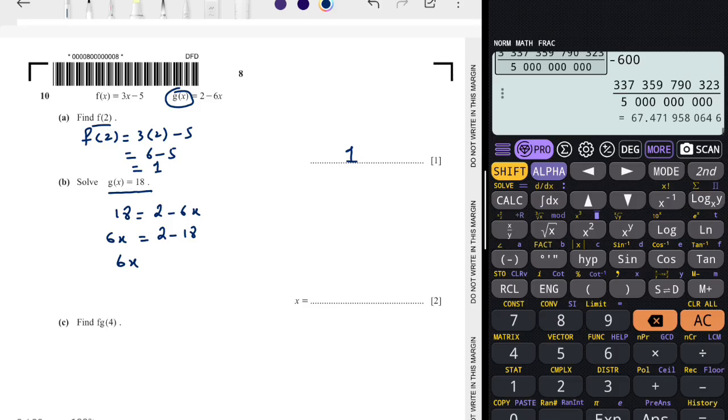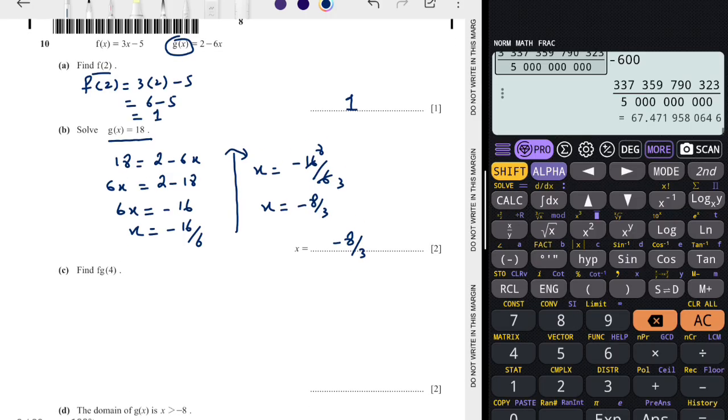So 6x is equal to minus 16. x is equal to minus 16 divided by 6. After simplifying, minus 16 divided by 6, 2 times 3, 2 times 8. So the final answer would be minus 8 by 3. You can also write your answer in decimal.